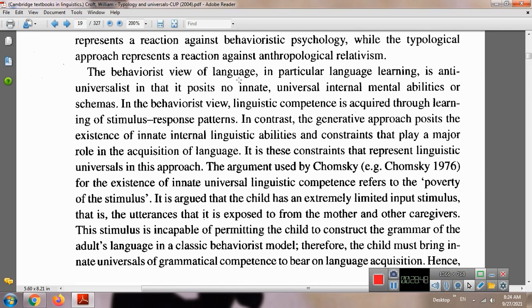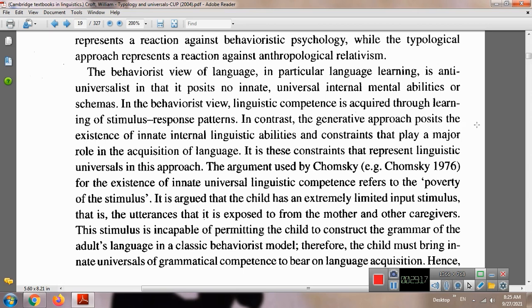The behaviorist view of language, in particular language learning, is anti-universalist in that it posits no innate, universal internal mental abilities or schemas. This is the idea of behaviorism. In this behaviorist view, linguistic competence is acquired through learning of a stimulus-response pattern.